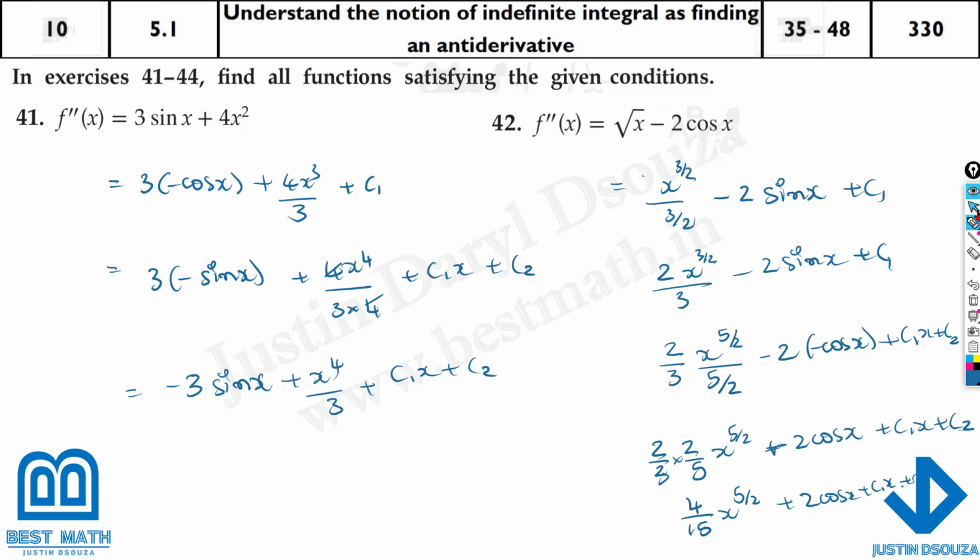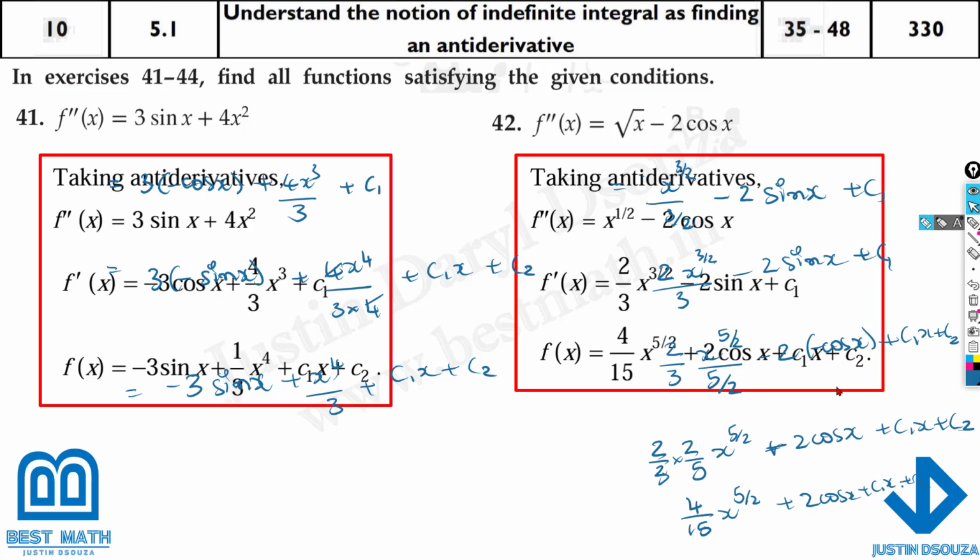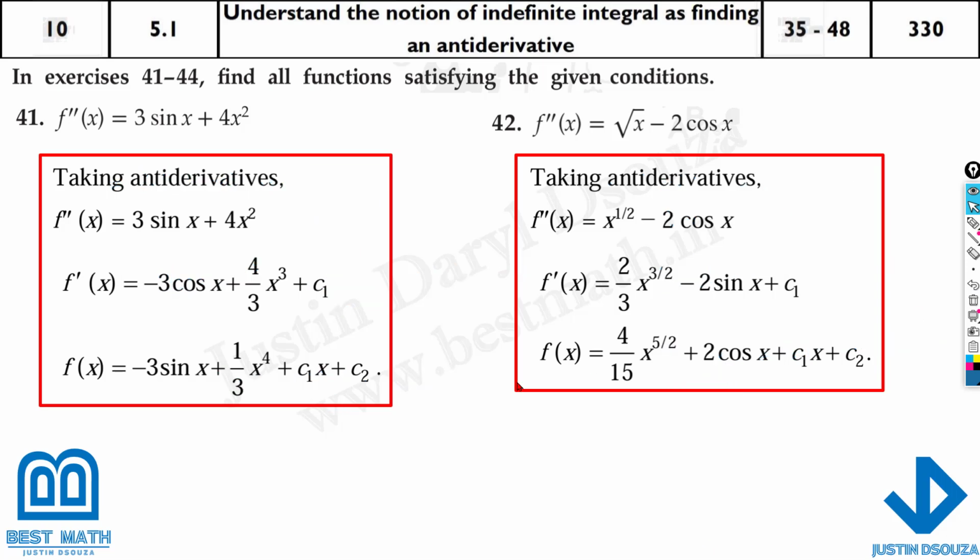That must be the answer. I've cramped it up over there, you can see this is it. So it's 4 by 15 x^(5/2) plus, because minus and minus becomes plus over here, and that's the answer.